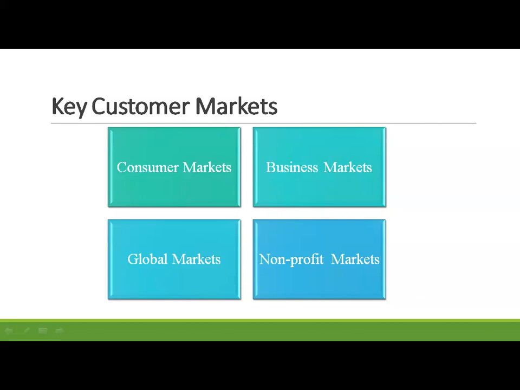Next is global markets. Companies in the global marketplace must decide which countries to enter, and how to enter, like as an exporter, licensor, joint venture partner, contract manufacturer, or solo manufacturer. They must decide how to adapt product and service features to each country, how to price products in different countries, and how to design communication for different cultures in that particular country.